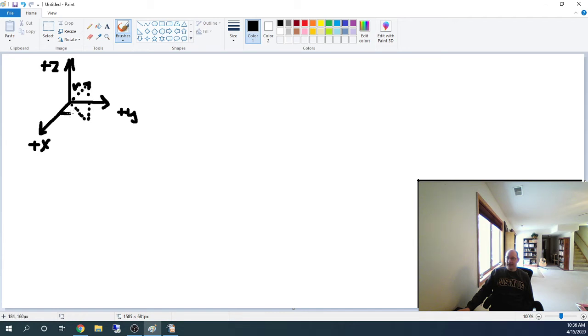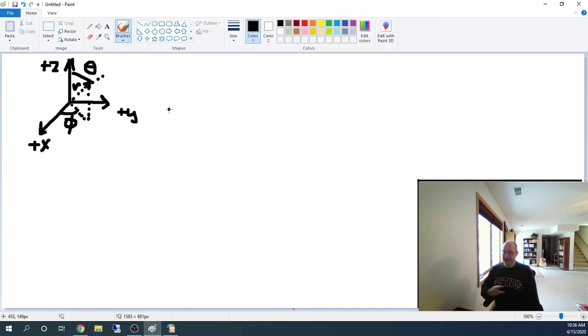And then this angle right here, measured from the x-axis to the projection downward of it, would be phi. And then the angle from the z-axis down to where that is would be the angle theta.